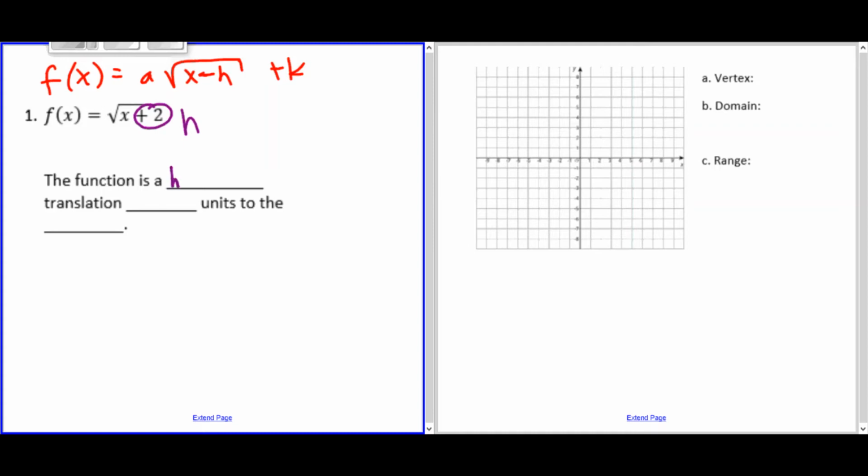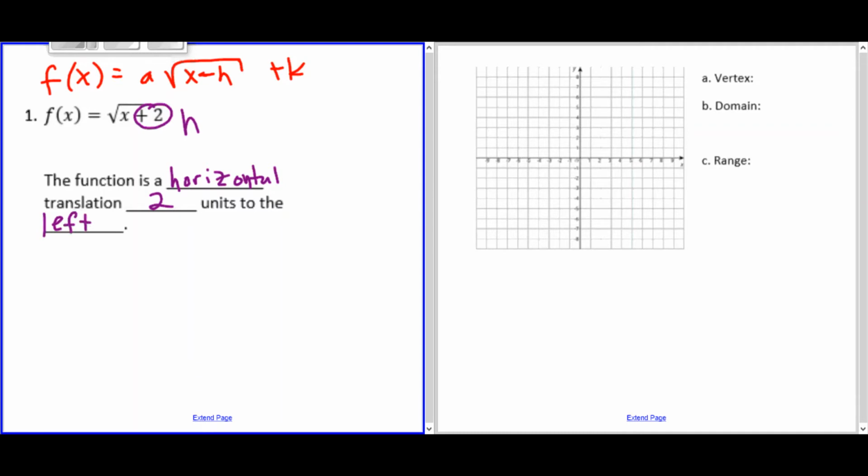This is a horizontal translation because it's taking place inside the square root. And it's 2 units because I have the number 2 there. And remember, h does the opposite. So the plus 2 moves your graph to the left, 2 units.